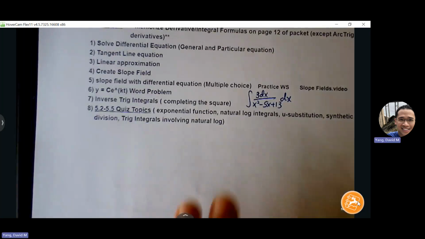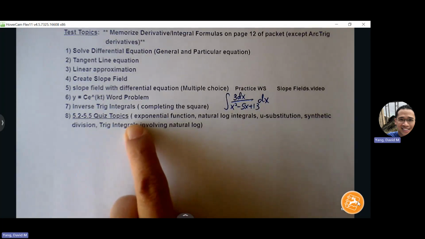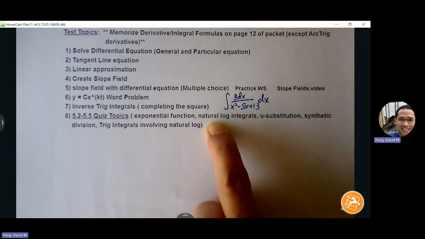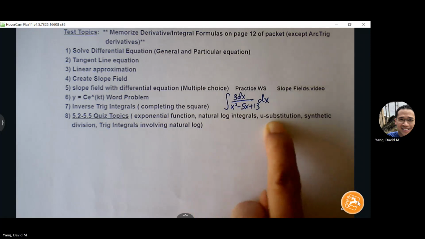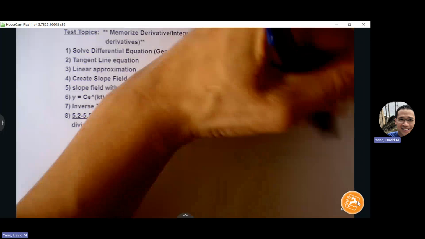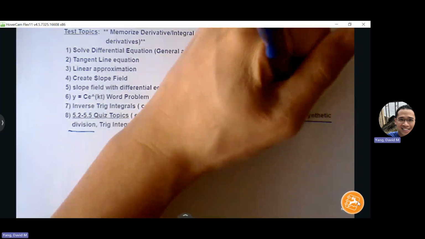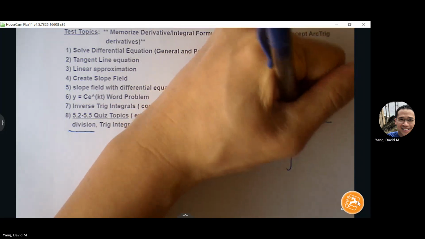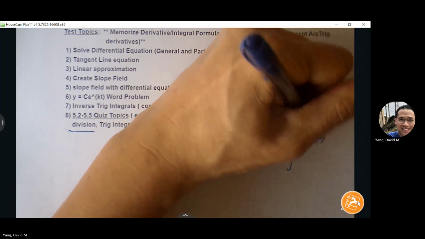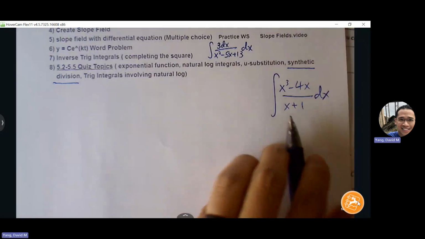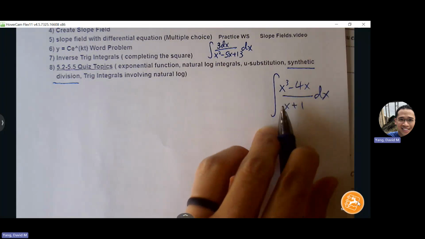And then finally, your quiz topics, you're also responsible for them for the test. Such as integral of e to the x, integral of 1 over u du, u substitution, synthetic division. Synthetic division looks like this, where the degree in the numerator is higher than the denominator.